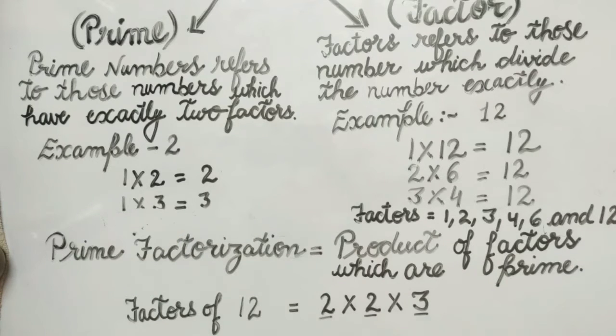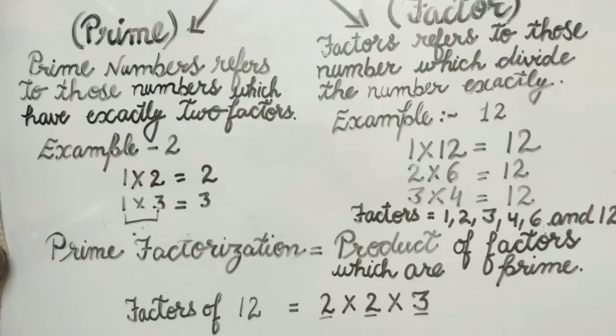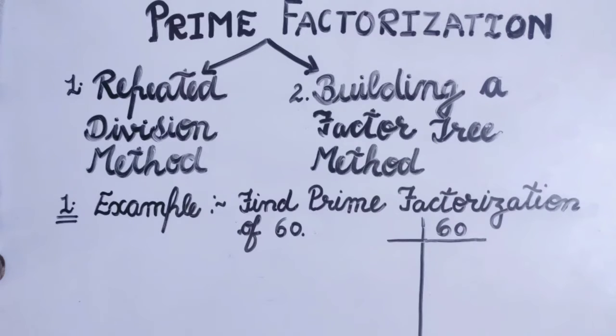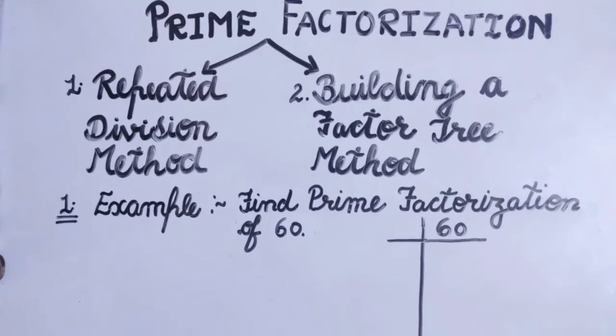So I can say that it also has only two factors. So, 3 is also a prime number. So I have represented 12 as a product of the prime factors. Clear, students?